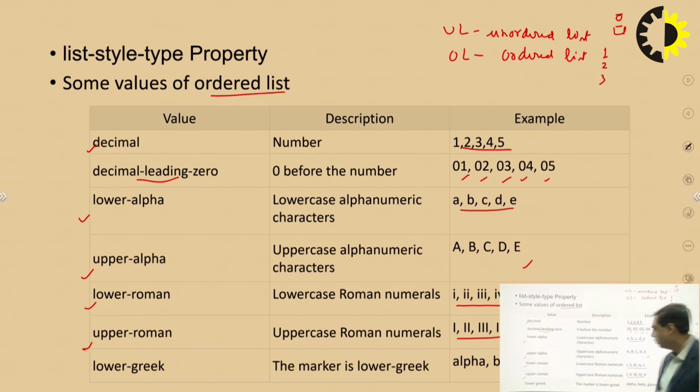Now you can also use Greek symbols, lower-greek, so it will display like alpha, beta, this way. The listing will be displayed in Greek symbols. So these are the different values by which we can display our listing.